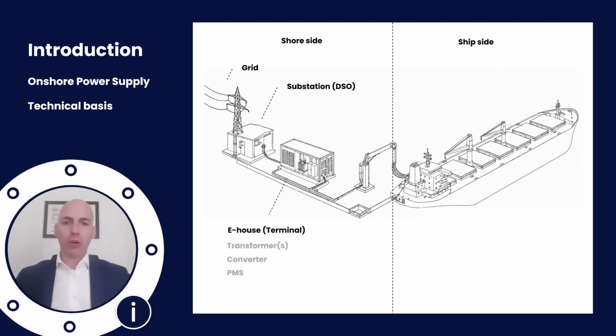And then power is brought from, it's not cut off, but then responsibility shifts from the DSO to the terminal owner. And then typically we have something called an E-house, or also a substation, or sometimes even a bus bar. There are many different ways of naming it. We typically call it an E-house. It's also typically owned, or at least situated at the terminal. It can consist of multiple houses even, or sometimes it's placed in different locations, but it almost always includes a transformer.